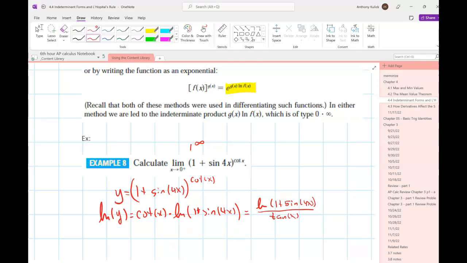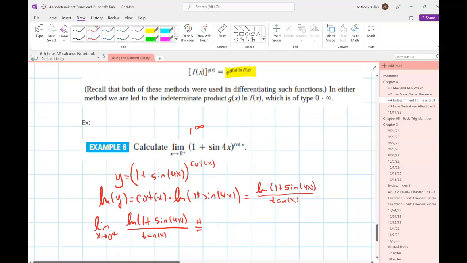Not wrong to do what you just said, but I would probably do it this way because it makes the calculus easier a little bit later on. So if I want the limit as x approaches 0 from the right of the natural log of 1 plus sine 4x over tan x, that's now in a form I can L'Hopital.